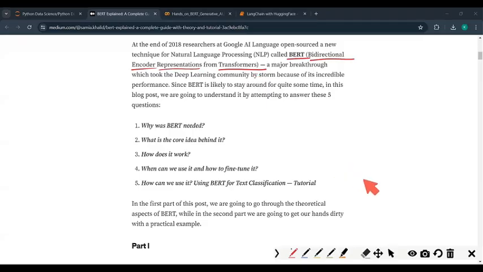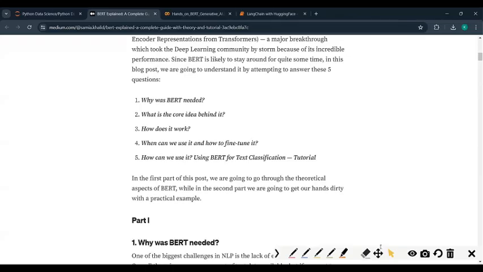So we are now going to talk about why BERT was needed, what is the core idea behind it, how does it work, and when can we use it. The fine-tuning part will be covered in the upcoming sessions, but for now we will be talking about the implementation of and the core idea behind BERT.